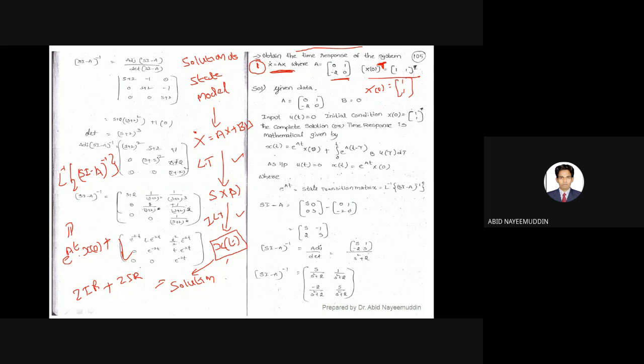We will try to find out X of t. Now, how to find X of t? Let me take a blank page for this particular first problem.